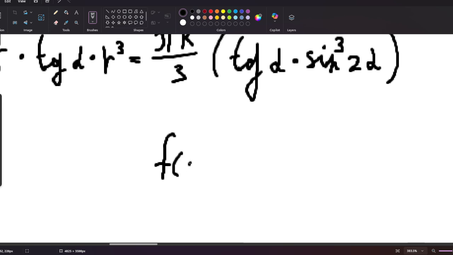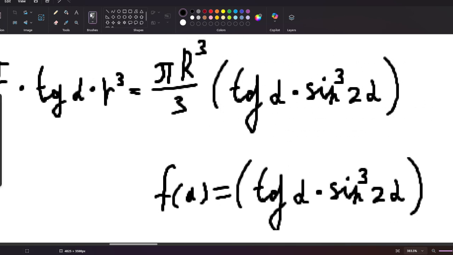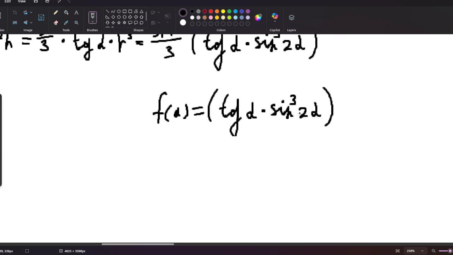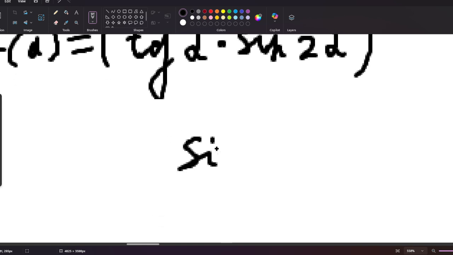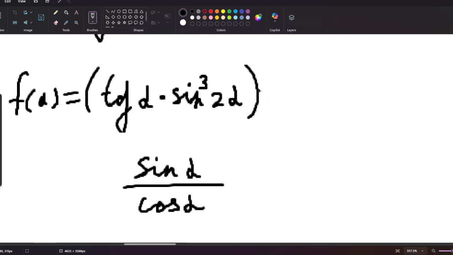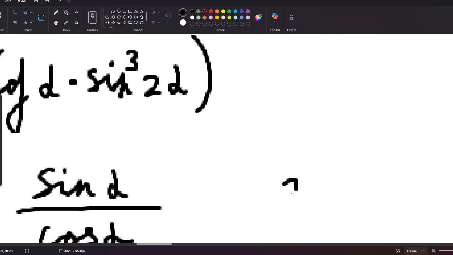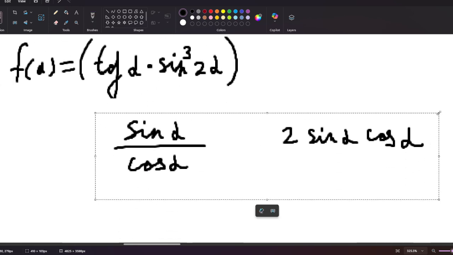Let's say that f of alpha is going to be this expression. Now, tangent of alpha is going to be sine of alpha over cosine of alpha. Sine of 2 alpha is going to be 2 times sine alpha times cosine alpha. So let's rewrite this all with sines and cosines.